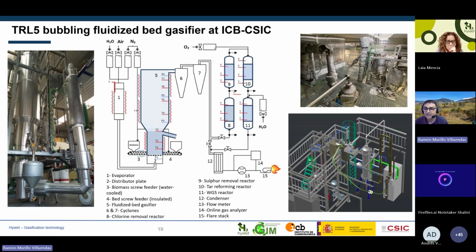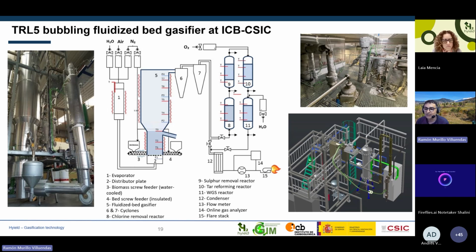After that, the gas treatment line includes specific reactors for chlorine removal, sulfur removal, tar reforming, and water gas shift. Finally, the gas is cooled in a condenser. The flow rate is measured, and the gas composition is monitored online before being sent to the flare.